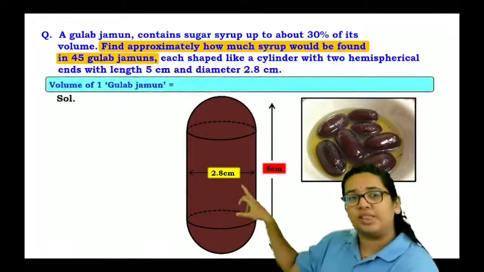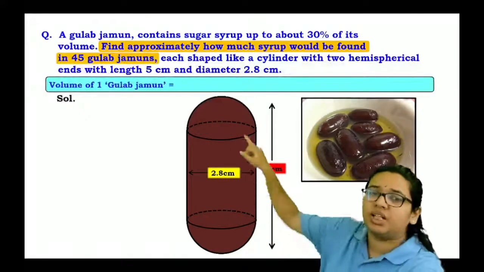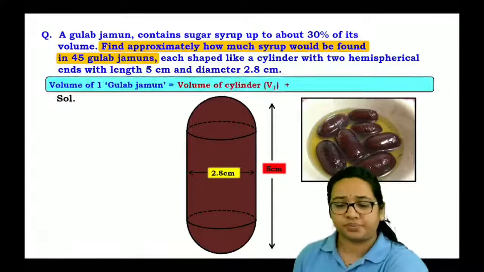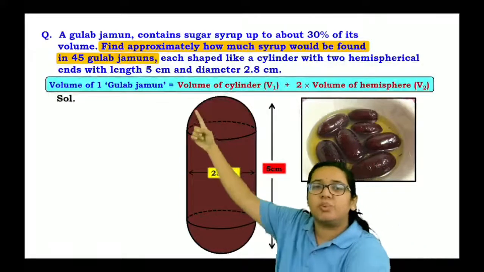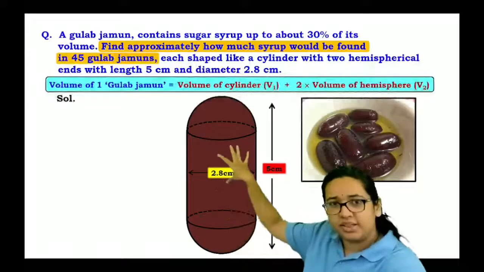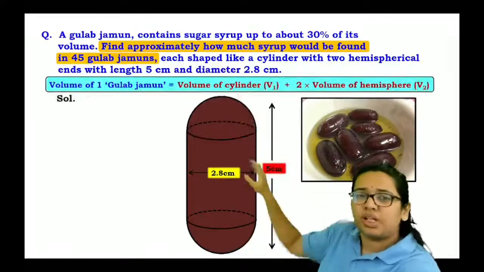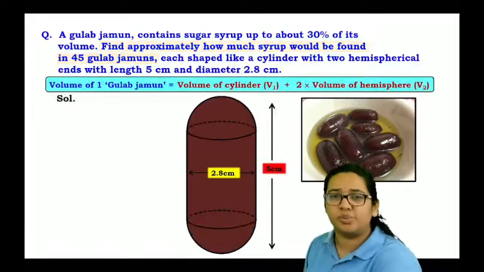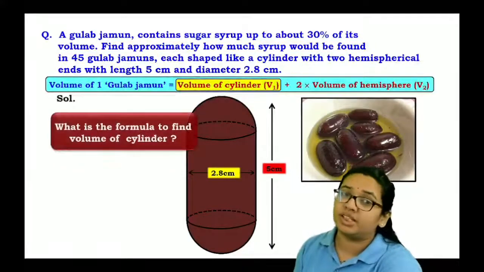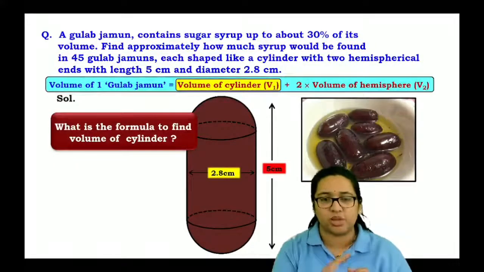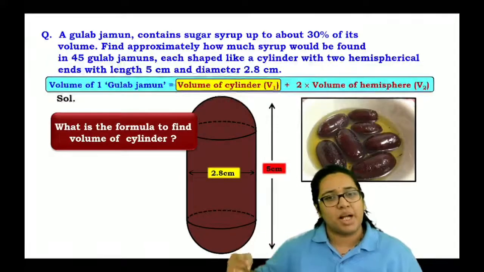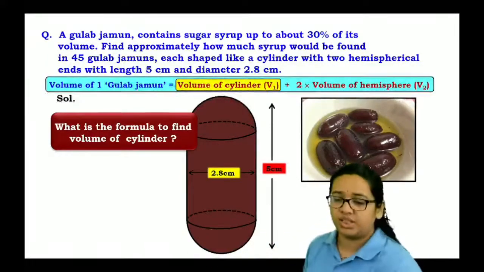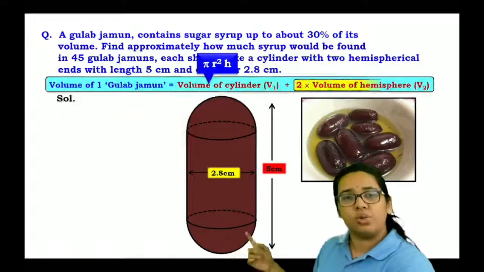So volume of a cylinder we consider as well as 2 times volume of the hemisphere. So volume of one jamun is nothing but volume of the cylinder plus 2 times volume of the hemisphere. Volume of the cylinder is whatever the base is, pi r square into h.